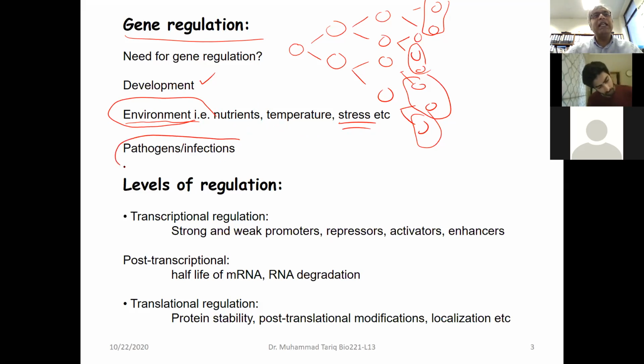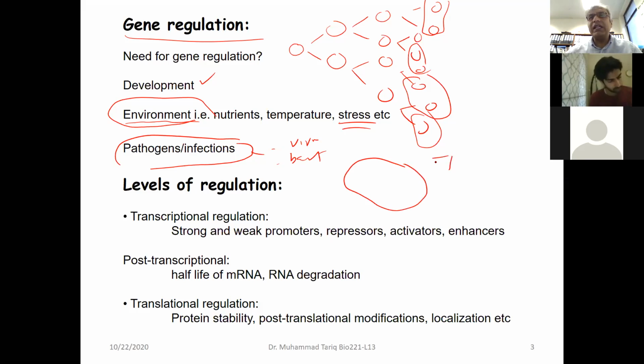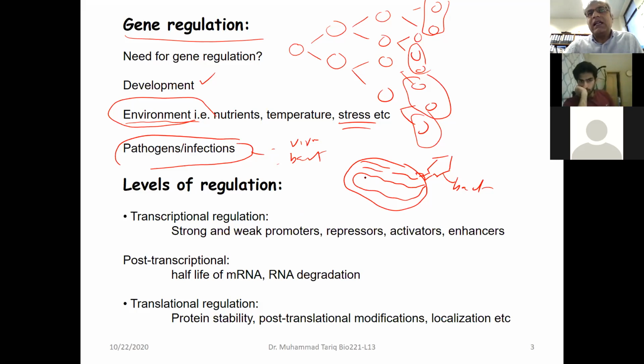Similarly, in the case of pathogens, if you have infections of viruses or bacteria, the organism fights back against these intruders, and different genes are switched on. We learned in earlier lectures that bacteria are infected by bacteriophages. When a phage comes in and infects bacteria, it tries to hijack the bacterial machinery, and in response, bacteria fight back against the viral invasion, and a different set of genes or cascade is activated.